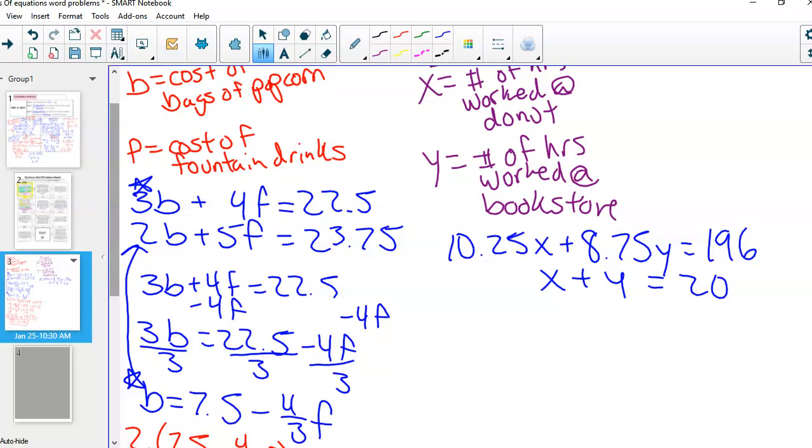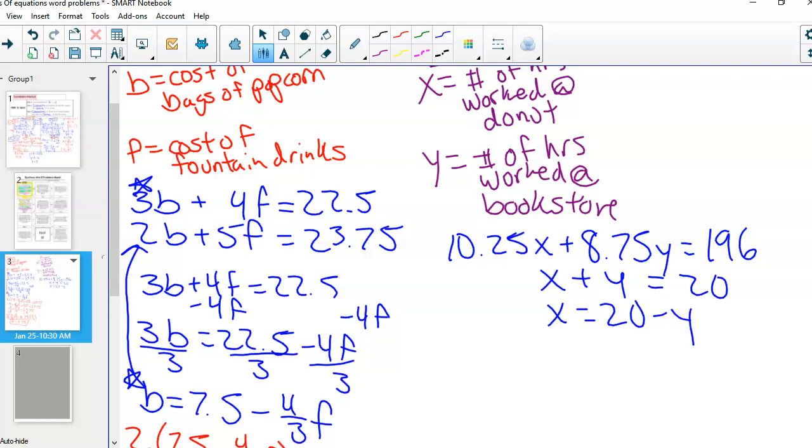How would we get X by itself? Subtract Y on both sides. Okay, now we have X by itself.